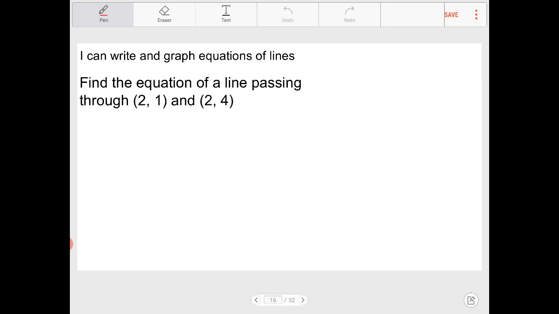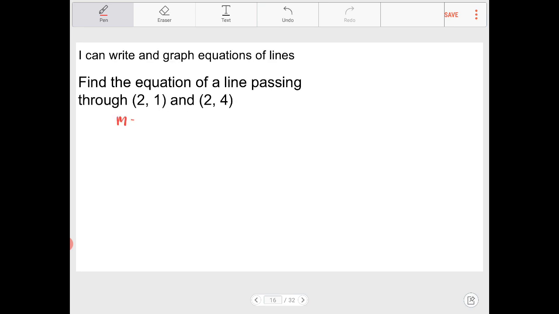Find the equation of a line passing through (2, 1) and (2, 4). So let's first find out what the slope is. The slope is equal to 4 minus 1 over 2 minus 2. So immediately I see that this turns into 3 over 0, and anything divided by 0 is not 0, it's undefined. This is a line with an undefined slope, and if we were to plot these two points on a coordinate grid, you're going to see that these two points are stacked one on top of another vertically.